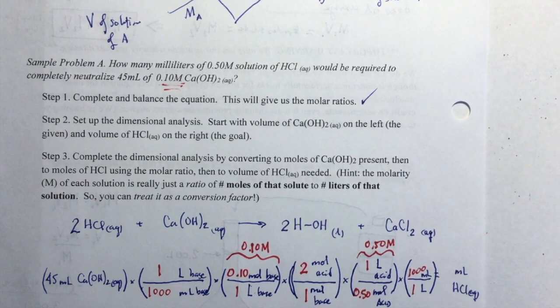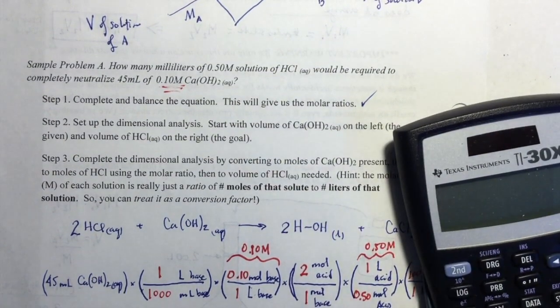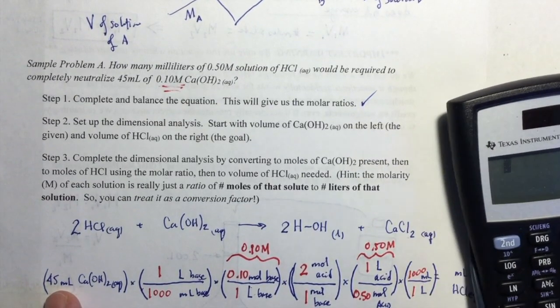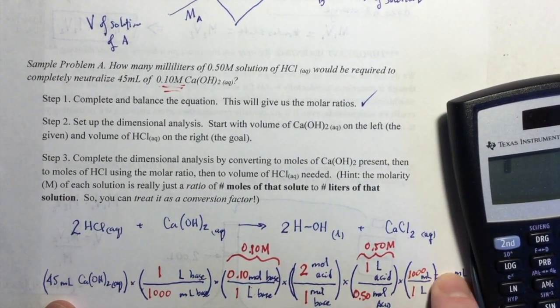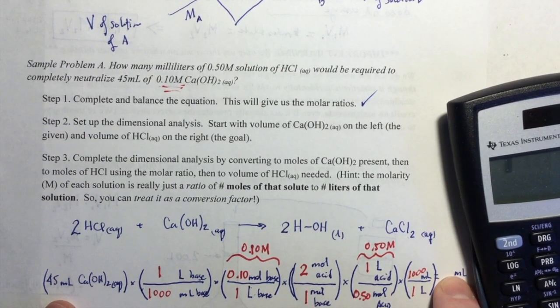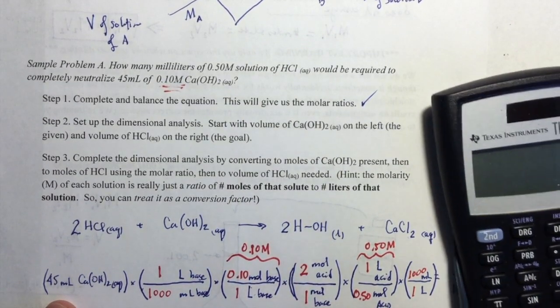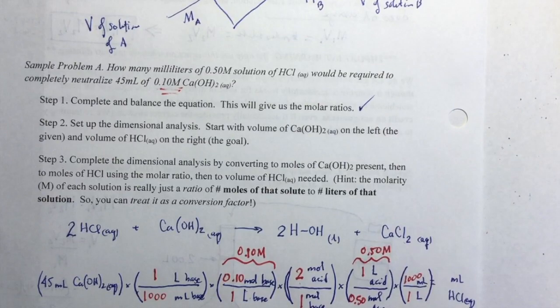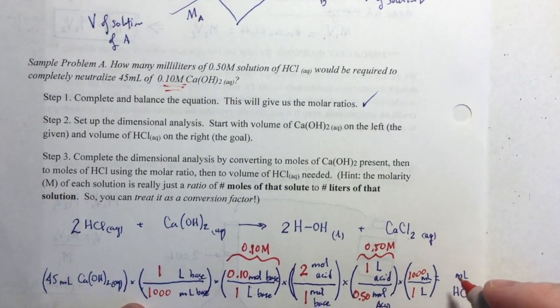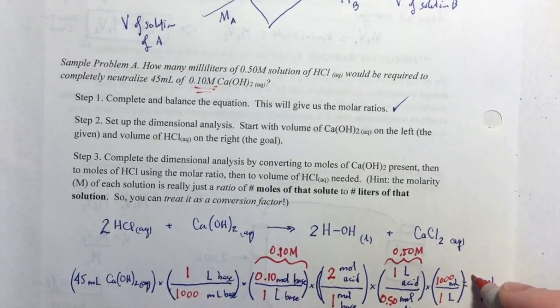Okay? So we're using the correct technique. So now I'm going to run through this calculation. And I'm just going to calculate everything across on the top and get my answer. And then I'll divide it by the denominators. So 18 milliliters. 2 sig figs, right? 2 sig figs, yes.